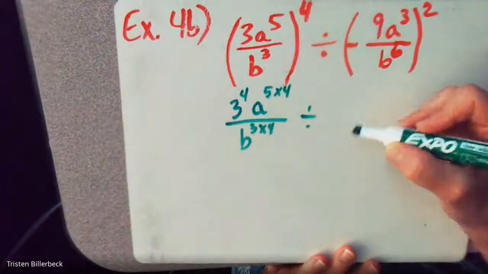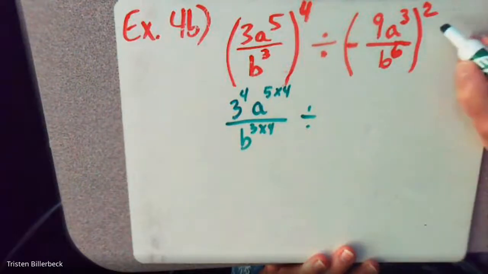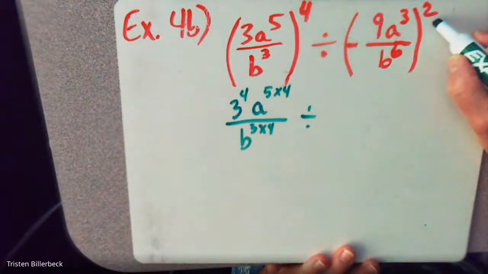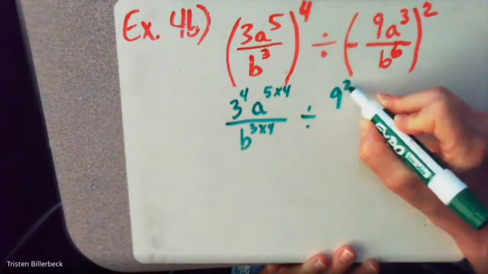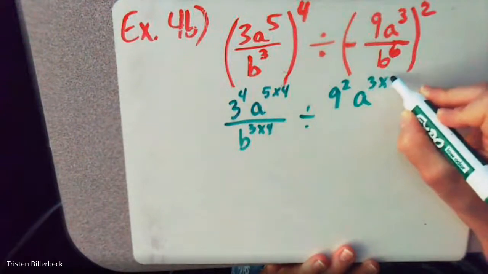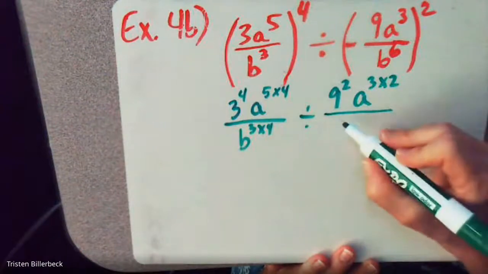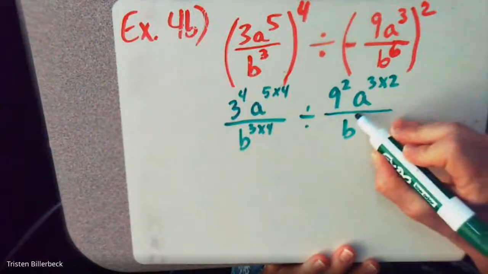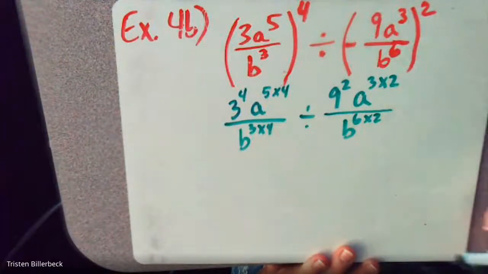So I don't need to worry about that little negative sign because I have an even exponent here, which would cancel that out. So now I'm going to write 9 squared and a to the 3rd times 2 because I'm applying that exponent. And down here I have b to the 6th times 2 because I'm applying the exponent there.